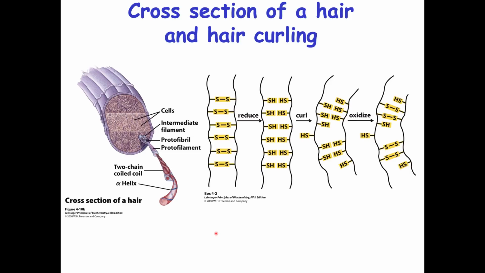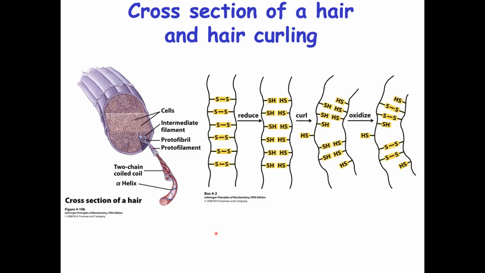And upon cooling, they spontaneously revert back to that alpha helical conformation. So the characteristic stretchability of alpha keratins and their numerous disulfide linkages are the basis of permanent waving. So basically a solution of a reducing agent is applied with heat. The reducing agent cleaves the crosslinks by reducing each disulfide bond to form two cysteine residues.